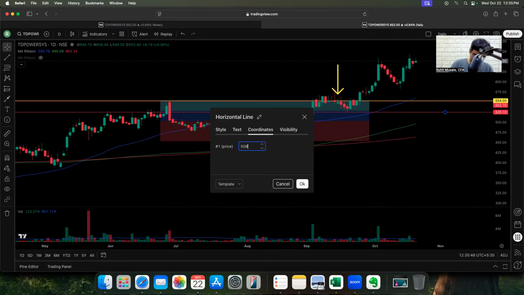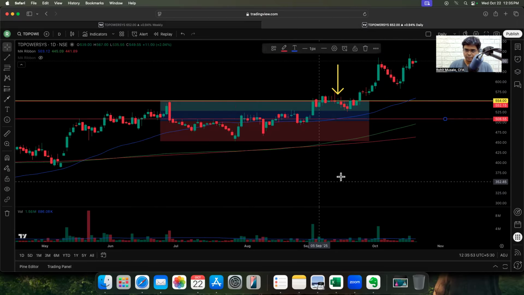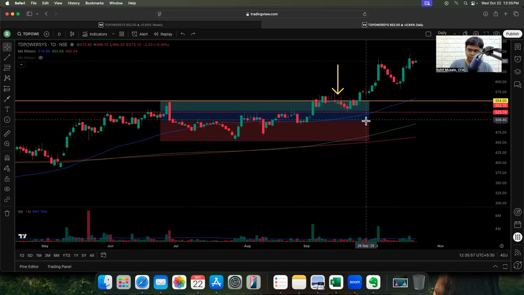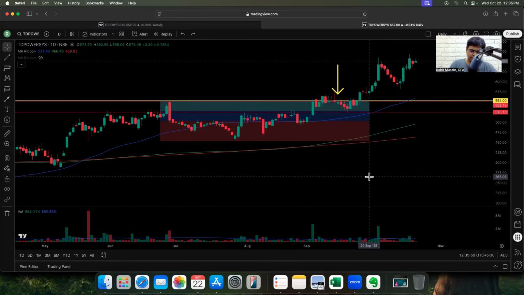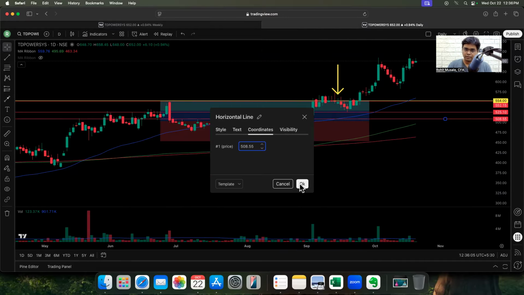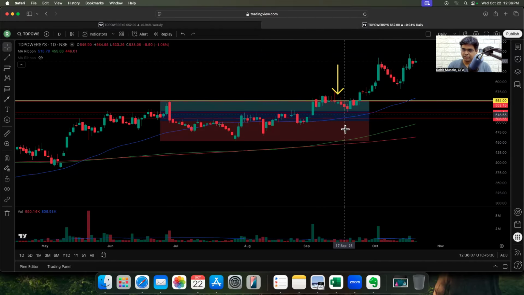Let me draw another line here. 508.55. So on the daily chart, this is how the range looks.